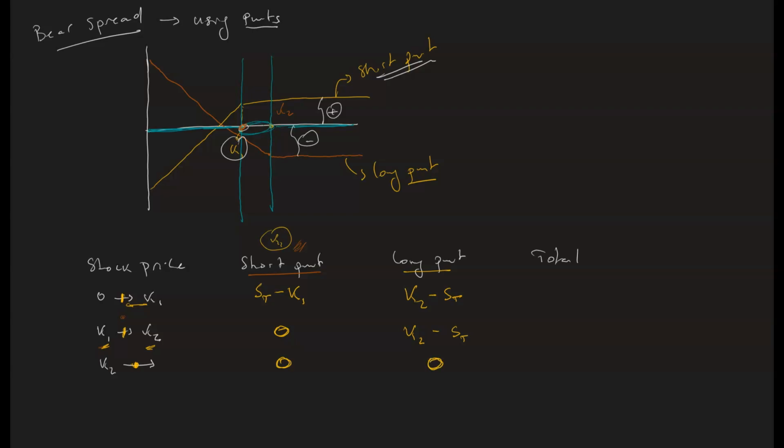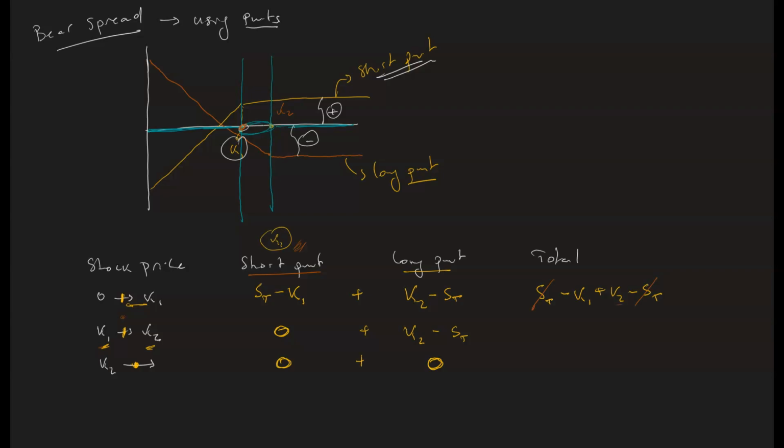And that's what we have. Now we need to add up all this position. And so the total here is going to be the sum of this. So here we're going to have ST minus K1 plus K2 minus ST. So these cancel each other.